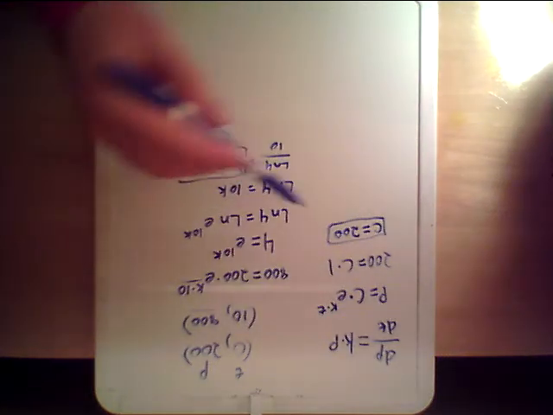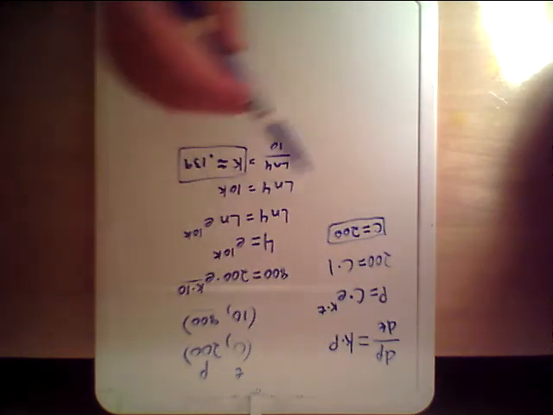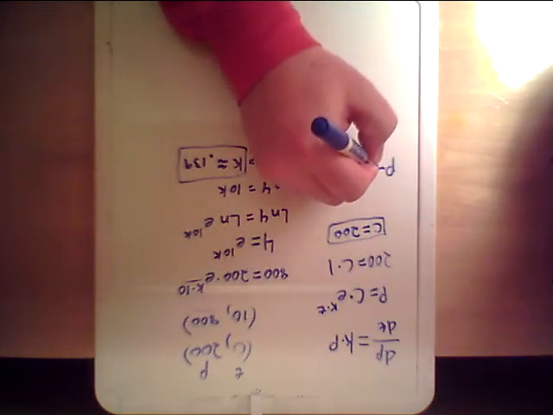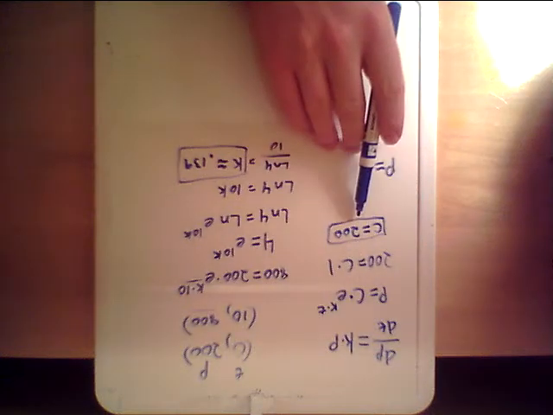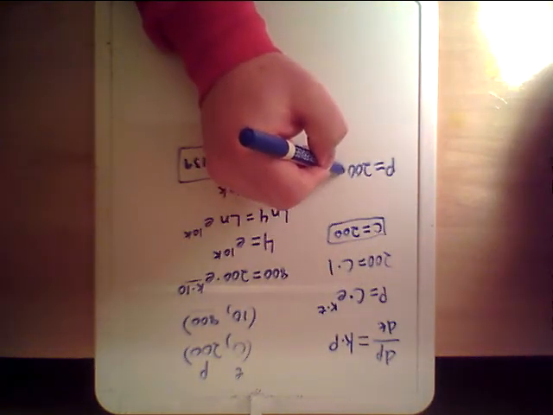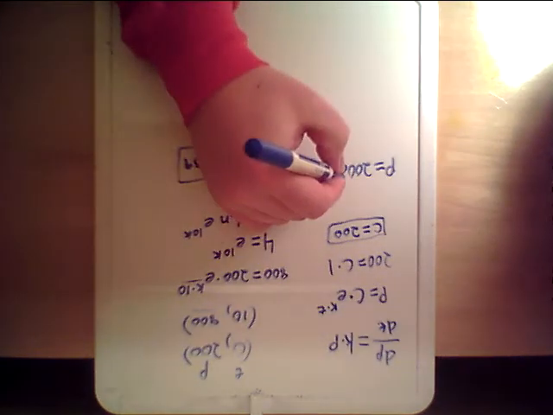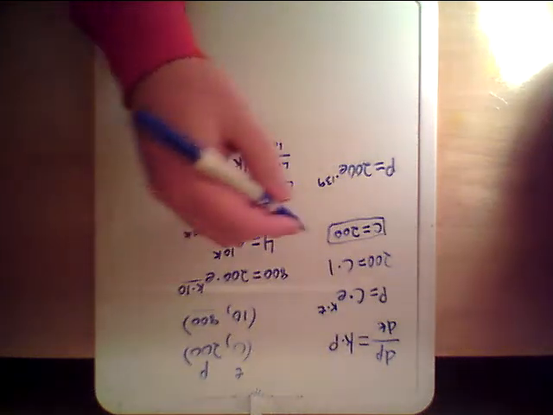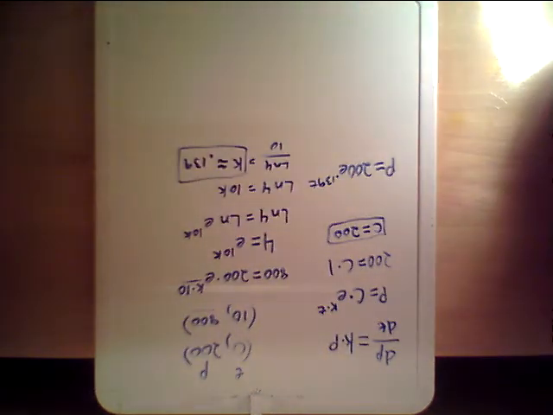Okay, so now we know C, we know K, so we've got our full equation now. So P, the population, is going to equal C, which is 200, times e to the 0.139T. And it looks like we're asked to find what the population is going to be after 15 years.